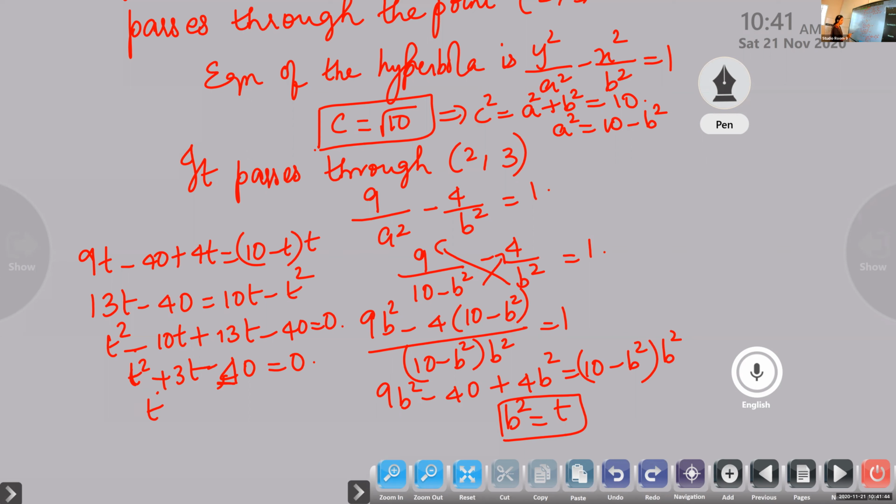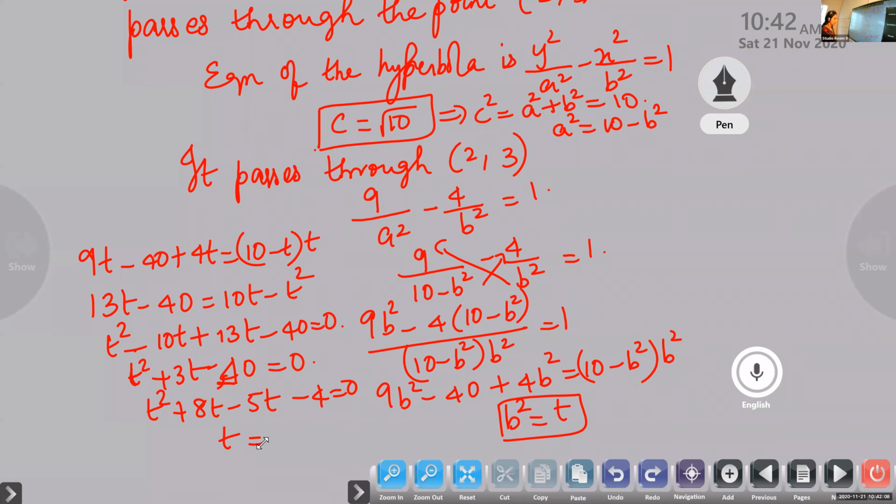So I think you can take this as plus 8t minus 5t minus 40 is 0. You get two values for t. If you don't know this factorization, we can use the quadratic formula, minus b plus or minus root of b square minus 4ac. Now solve this and find the values of t.